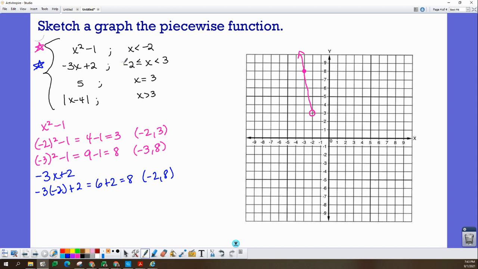When we think about -2, x is greater than or equal to -2. We are including -2, so we'll put a closed circle at (-2, 8). Now let's evaluate the 3.